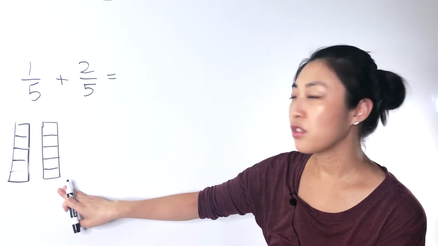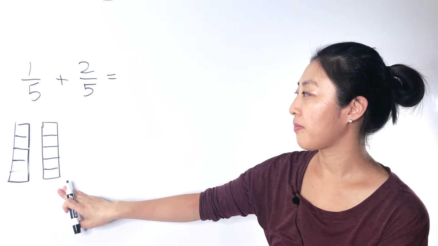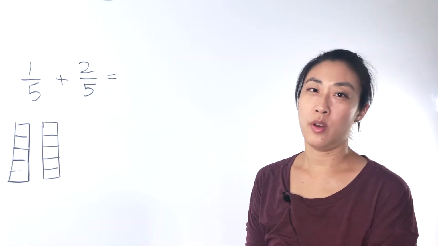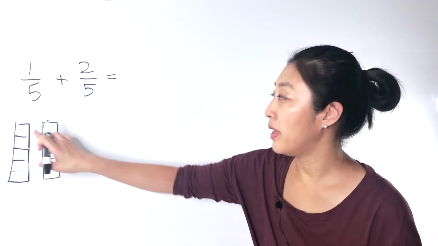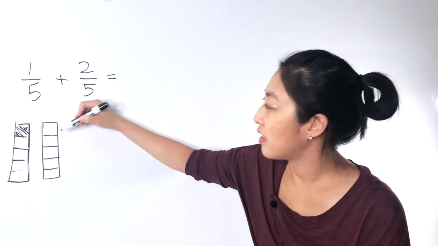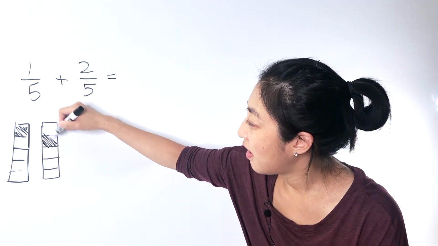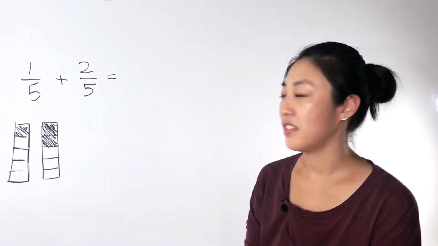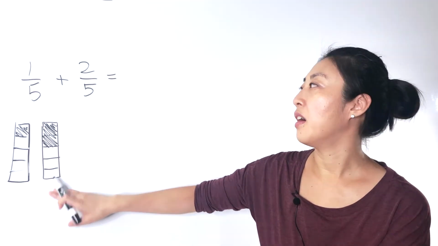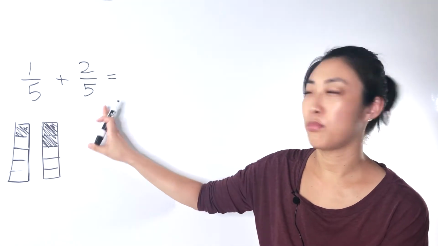So you have 2 chocolate pieces, and say your friend wants 1 piece off of your first chocolate bar and then 2 pieces off of your second chocolate bar. This is basically showing you this fraction addition problem.